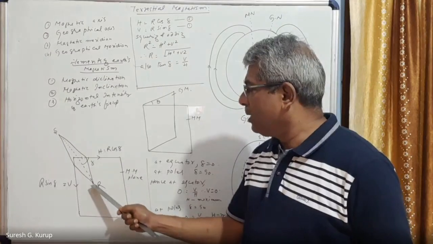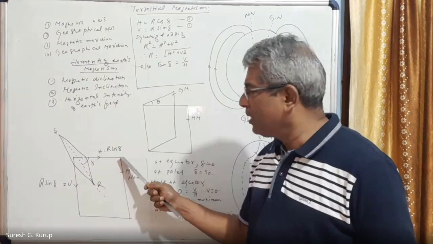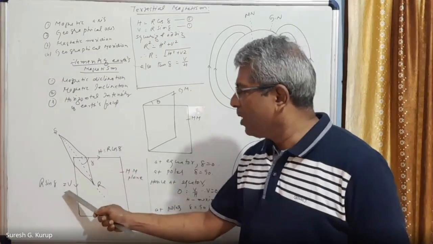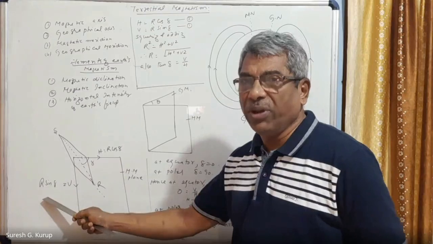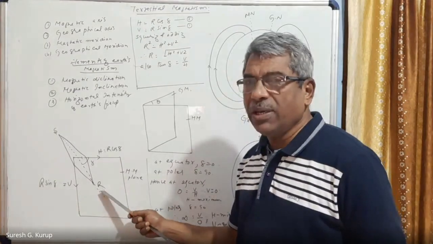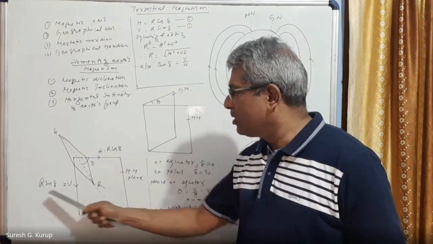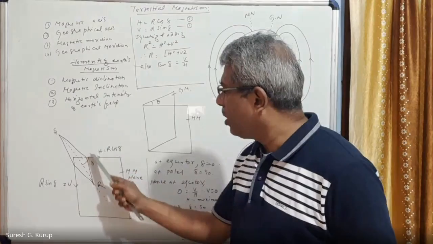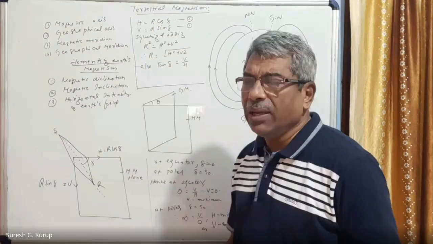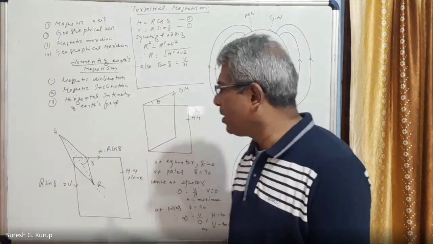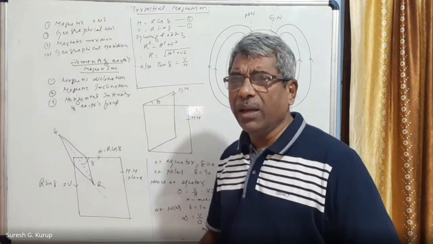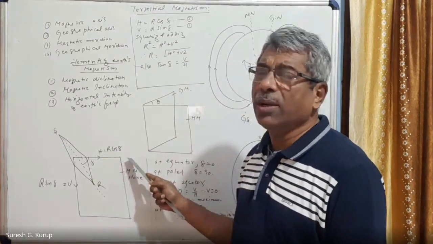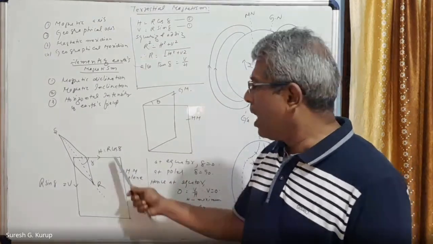So R along the horizontal direction, that component is given by H. H is equal to R cos delta, and the vertical component of the Earth's field is equal to R sin delta. So this part is called the horizontal component of the Earth's field. In most of the calculations, we will take the horizontal component. The magnetic field of the Earth that we consider is most of the time the horizontal component. That is equal to R cos delta.